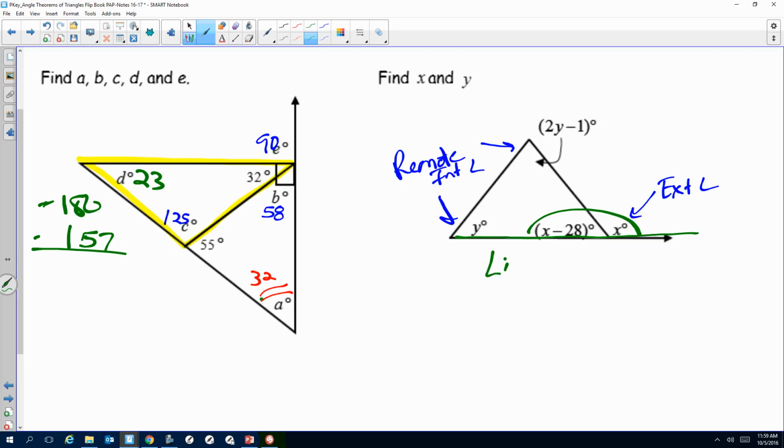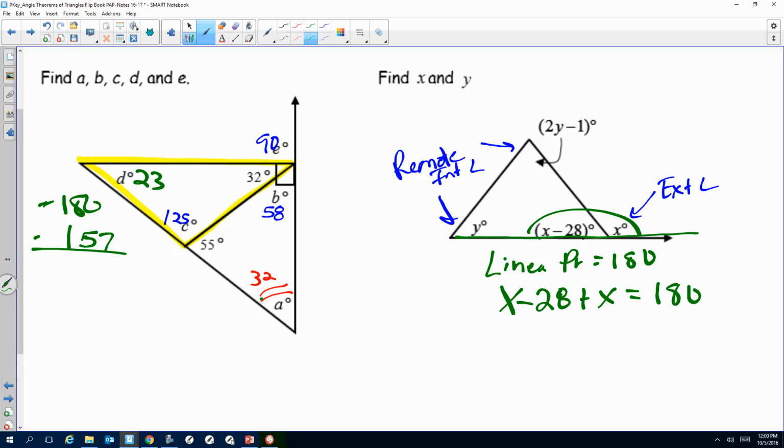So, since we have a linear pair, and a linear pair equals 180, x minus 28 plus the x equals 180. We need to find x, because if I can get x, then I can use my exterior angle.